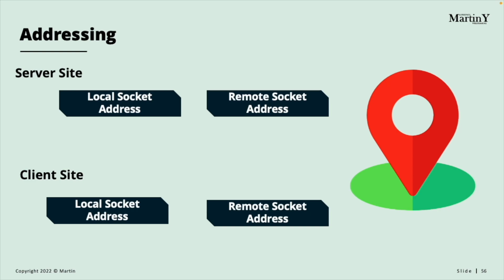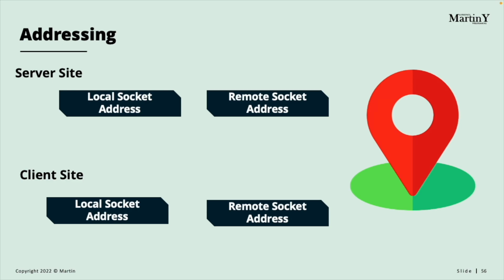The server should always be on, and the client then asks the server for a service. In order to ask, the client needs to have the server IP address and to send its own IP address to the server as well, so the server can provide the service. So the IP address of the remote socket on the server side comes from the client, and the server doesn't need to do anything about it. Okay?